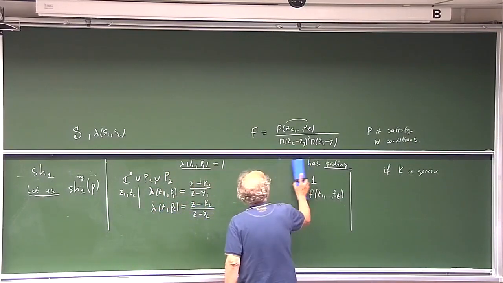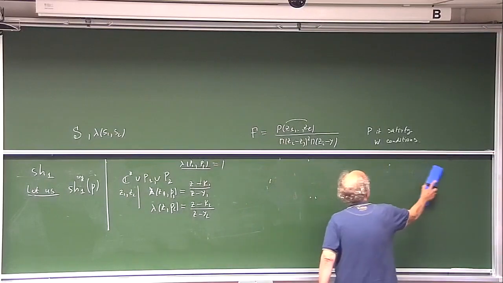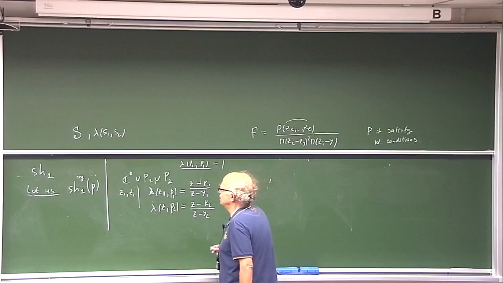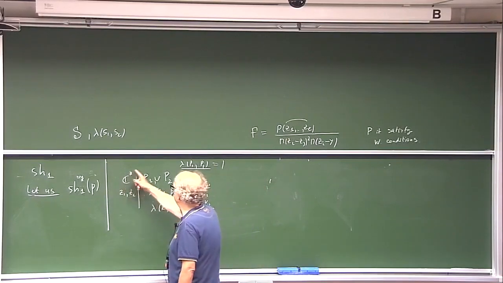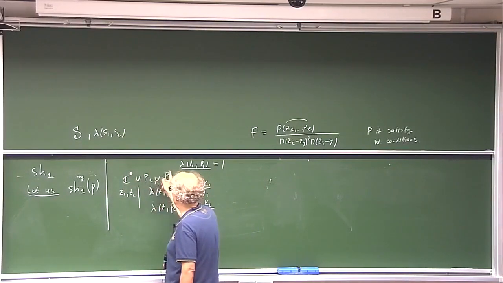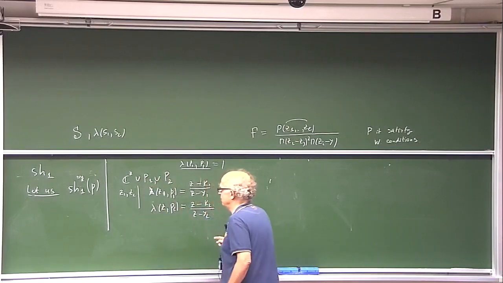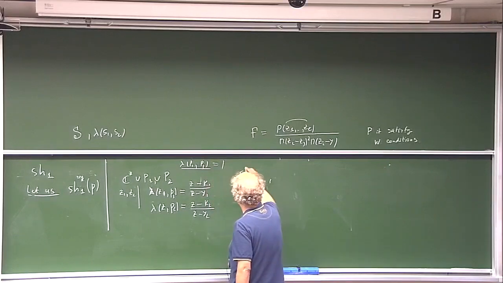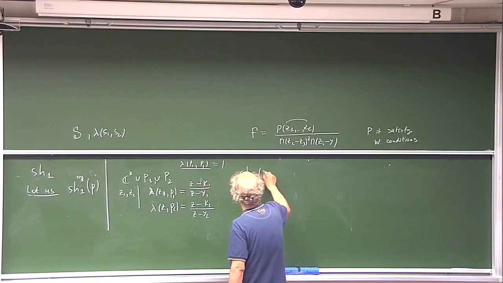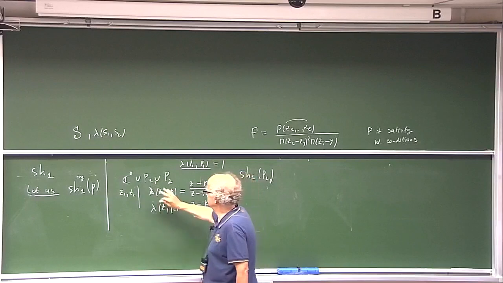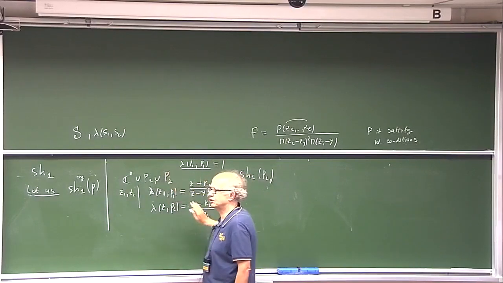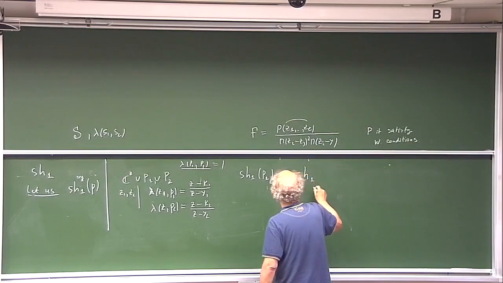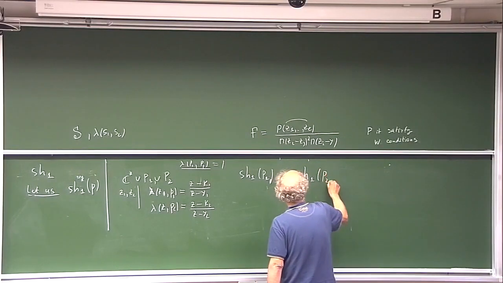Now, inside this bigger algebra, by a similar way as I explained before, we have this shuffle 1, E1, where E2 is not involved. And we have shuffle 1, E2.